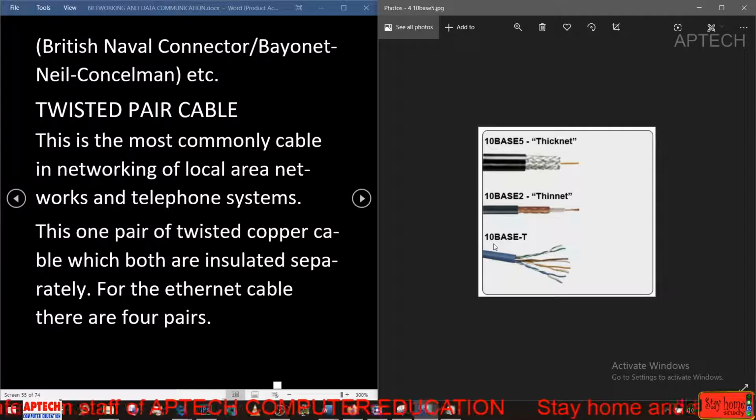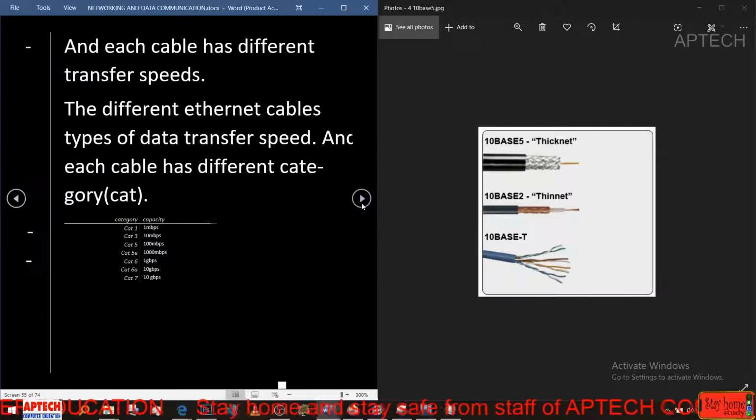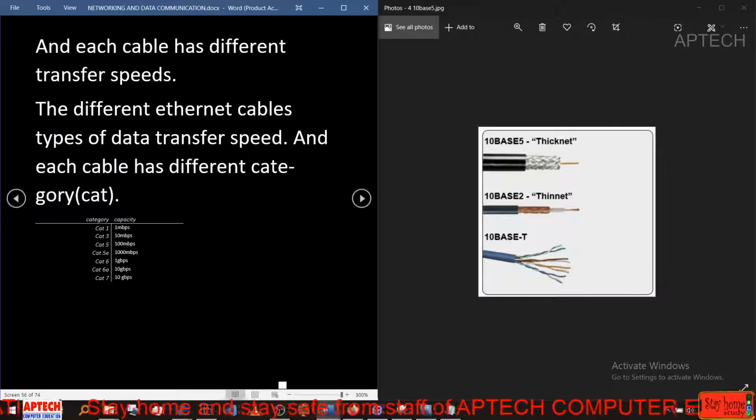Now the evolution came up when people wanted faster internet speed. So they came up with something called the twisted pair, which is this T. This is what the T stands for, the twisted pair. And this is 10 base T. This is Cat 3. Cat 3 is 10 base T, 10 Mbps, twisted pair.